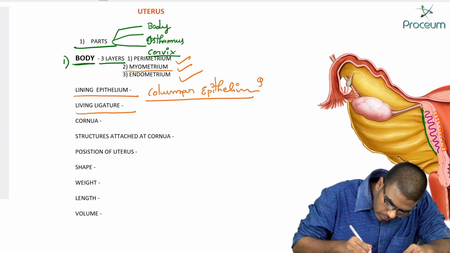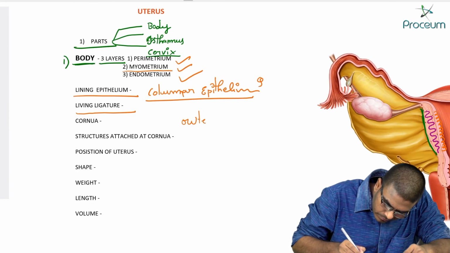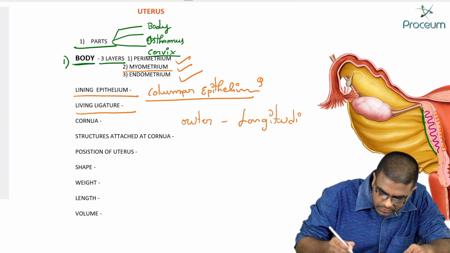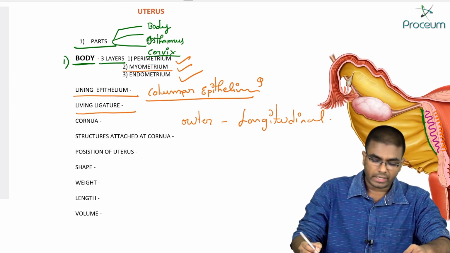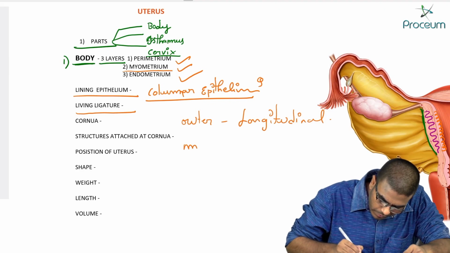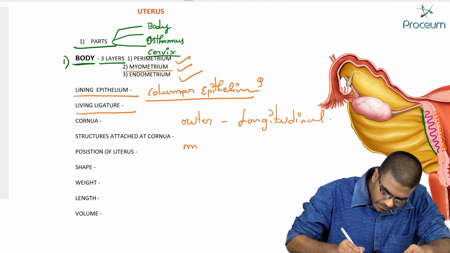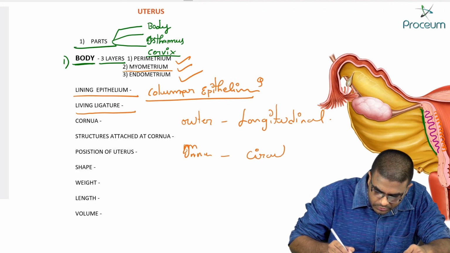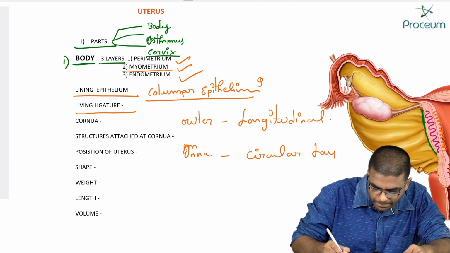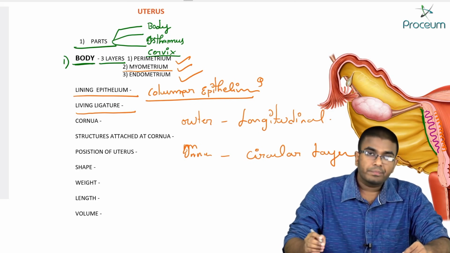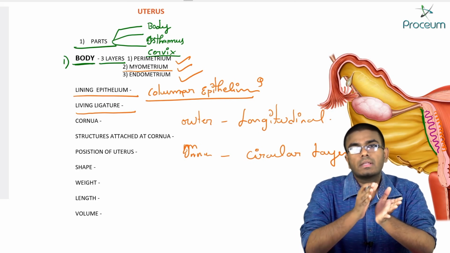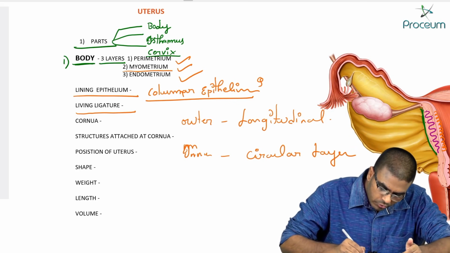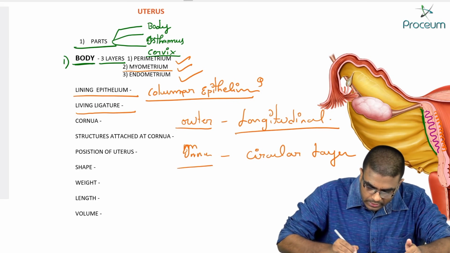Outer longitudinal layer, inner circular layer. In the myometrium, the muscle fibers are arranged in three groups: outer longitudinal, inner circular.